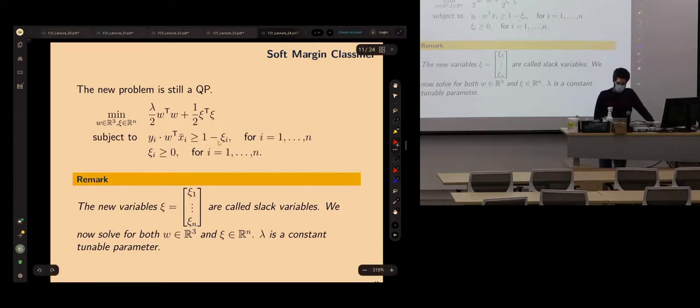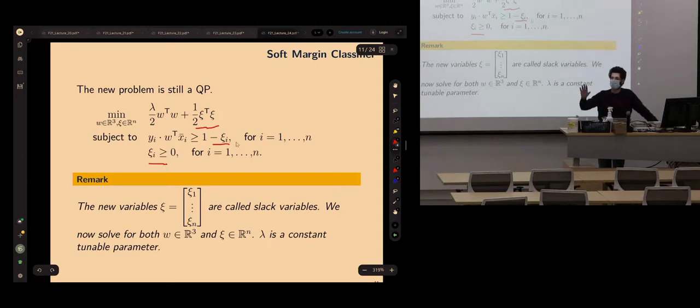So, the slack variable is the standard term in optimization. What we do is find, again, this is the norm squared. For every constraint, every data point, consider a positive slack variable. It's non-negative; it can be 0.